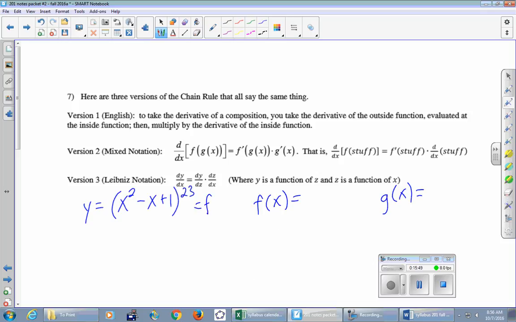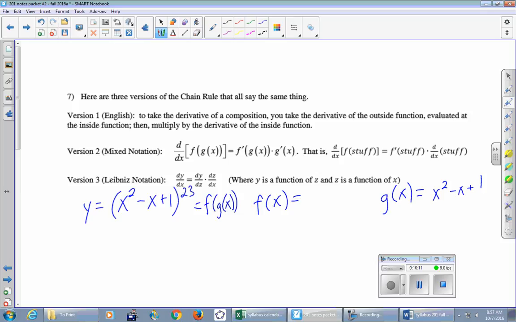So if I want to think of this guy as being f of g of x, you guys remember composition of functions, right? Which one goes first, the f or the g? G, inside to outside, right? So g is naturally what part of that original function? X squared minus x plus 1, right? That's the inner function.